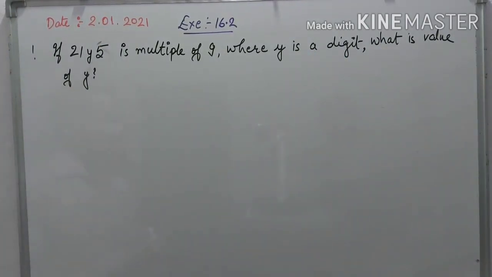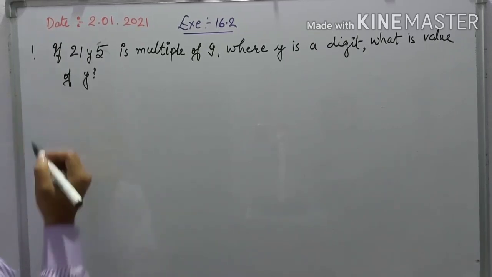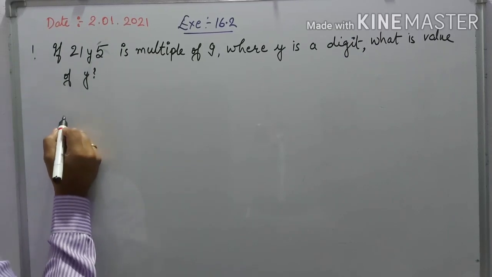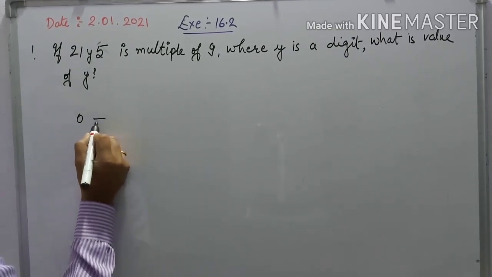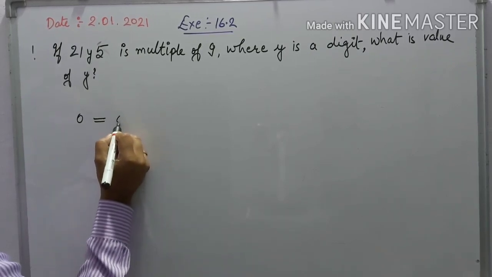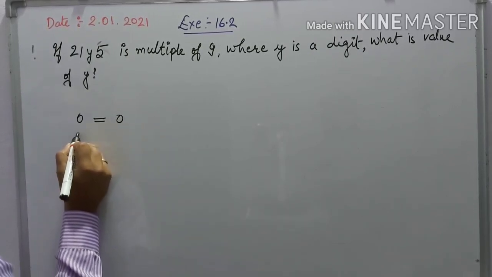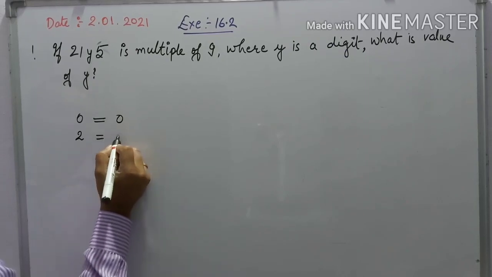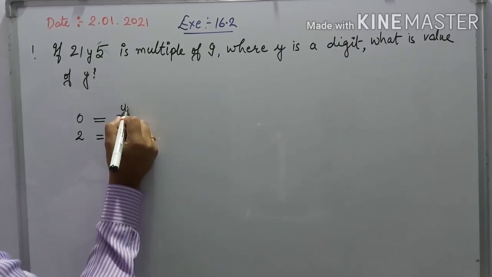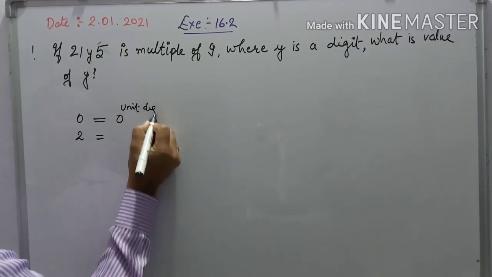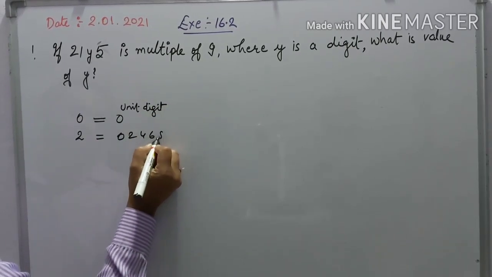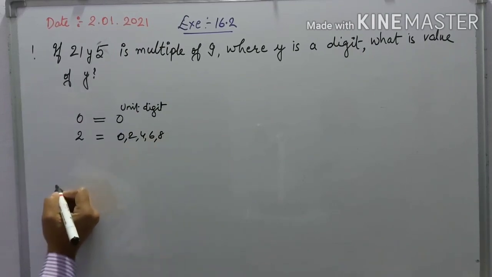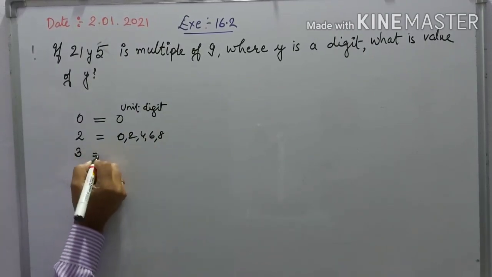Okay, in this exercise we'll use the division rule. The division rule of 10 is that the last digit is 0. The number divisible by 2 has a last unit digit of 0, 2, 4, 6, 8, an even number, and 3 will divide the number if the sum of all digits is divisible by 3. The rule of 5 is that the last unit digit is 0 or 5.